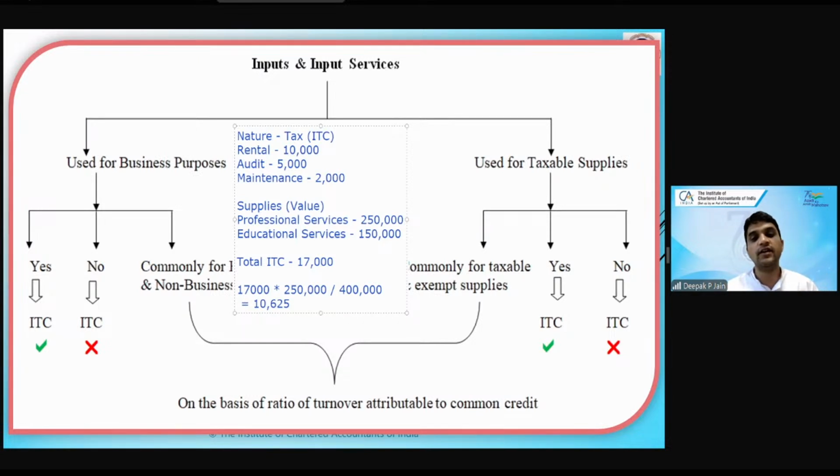You can claim only the proportionate credit, which is 2.5 times of the 4 times, which is 2,50,000 divided by your total turnover gives you 10,625. 4 lakhs कैसे आया? 2,50,000 plus 1,50,000 is your total turnover. So proportionate का मतलब क्या होता है? What is your taxable turnover divided by your total turnover? ठीक है?